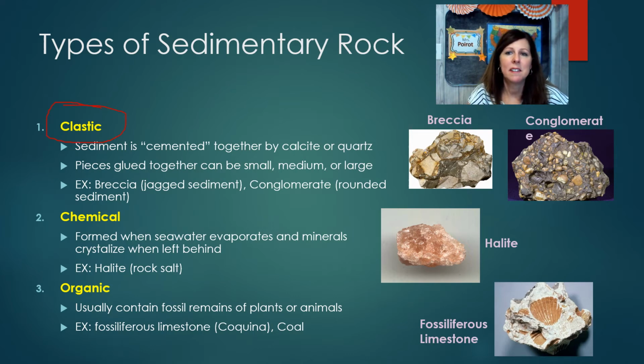So clastic sedimentary rock forms when the sediments are buried, compacted, and cemented together by either calcite or quartz. So the size of the sediment, or the clasts that make up the rock, is used to classify the clastic sedimentary rocks. So the fine-grained sedimentary rocks, in which grains are too small to be seen, those are mudstone, siltstone, and shale.